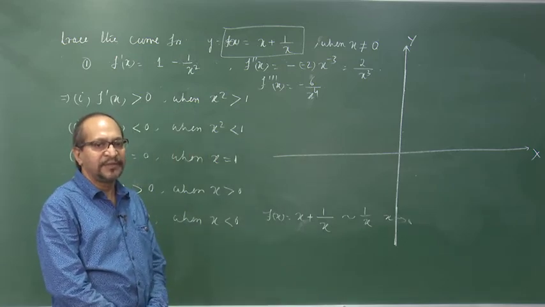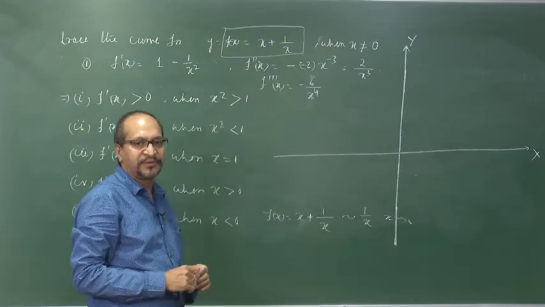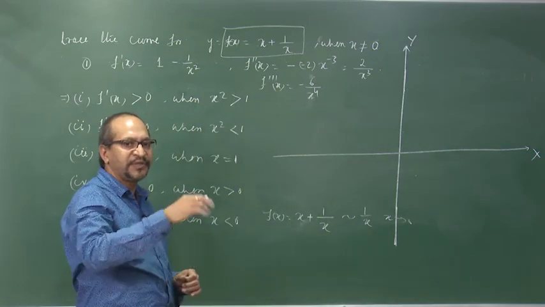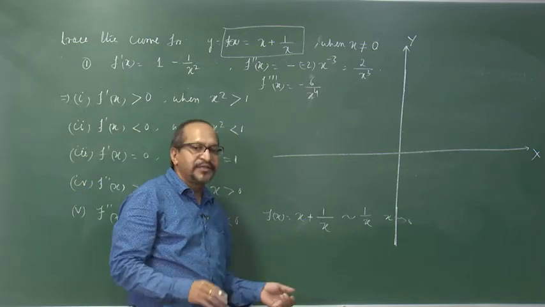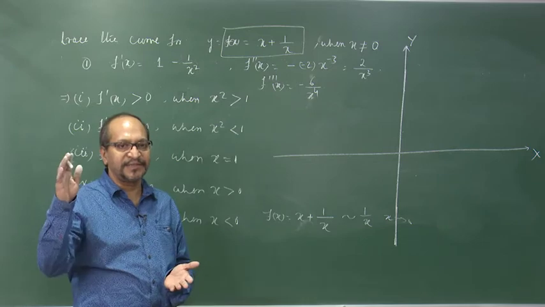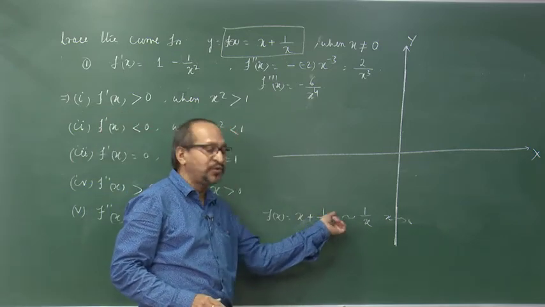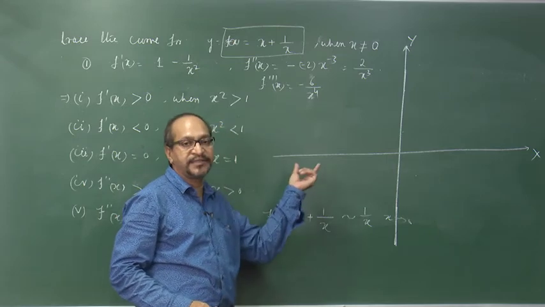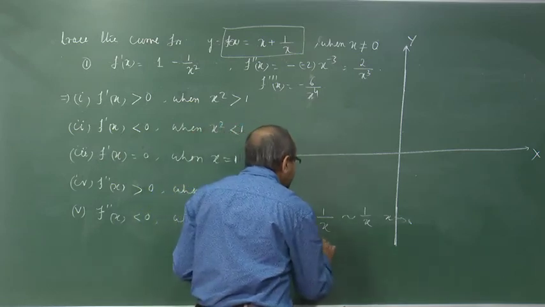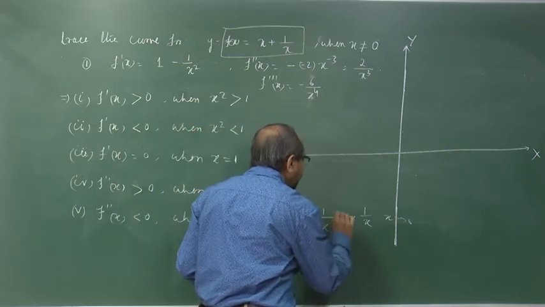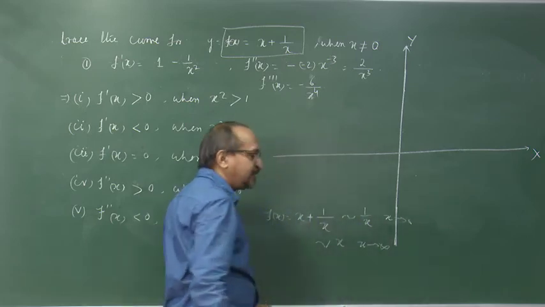But when x tends to very large values, your 1 by x is gradually reducing as x is increasing. So, when x tends to infinity, this term is reducing to 0, and this x factor is increasing. Therefore, this will be dominated by f of x is equal to x when x is tending to a large value, say infinity.